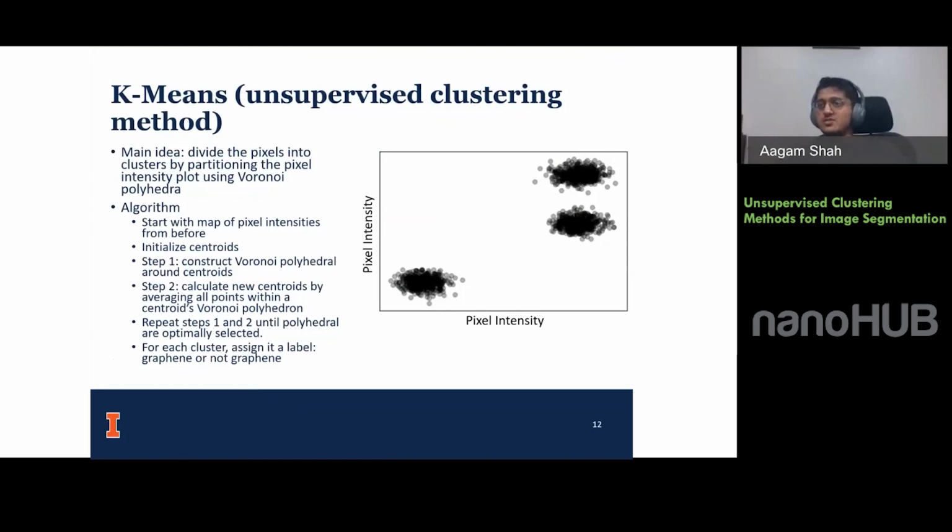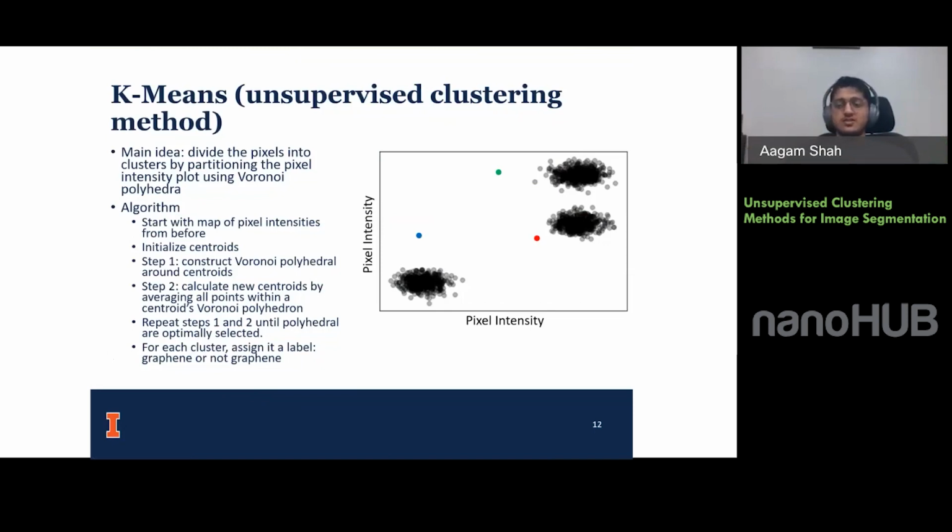So we start with these pixel intensities, and then we initialize centroids. What that means is we randomly pick a certain number of centroids and place them randomly on this plot. So the number of centroids that we pick is going to be the value of k. Here I've chosen them to be 3, and I've placed them at random positions on the plot.